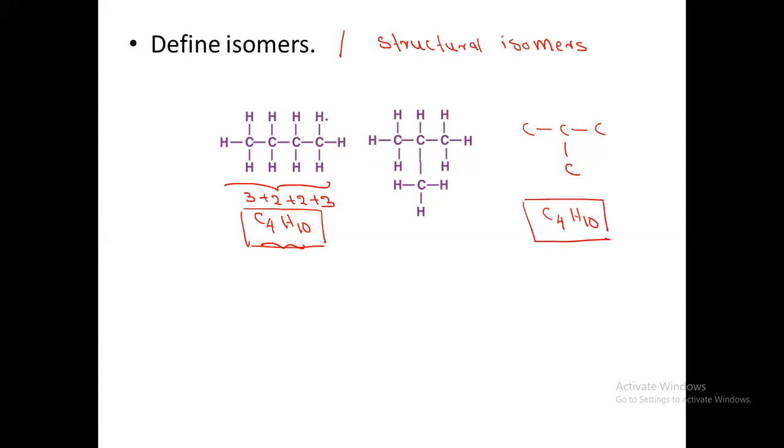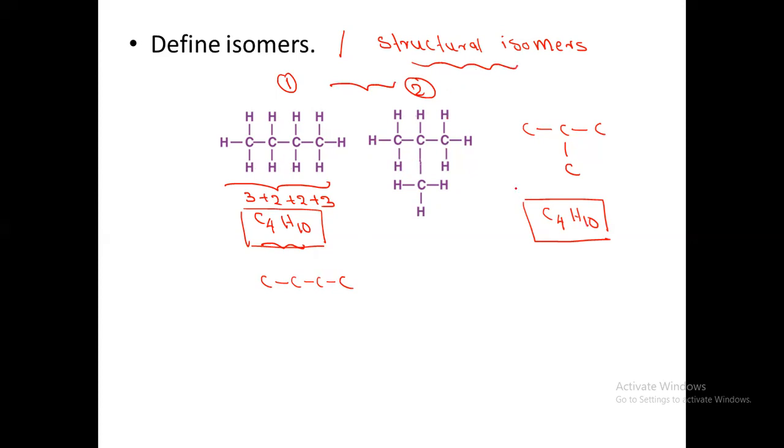If I call them 1 and 2, in the first molecule the 4 carbons are connected linearly. In the second one, 3 carbons are continuous and one is a branch. So obviously they are 2 different molecules, but they have the same formula. So I can call 1 and 2 structural isomers. So what are structural isomers?